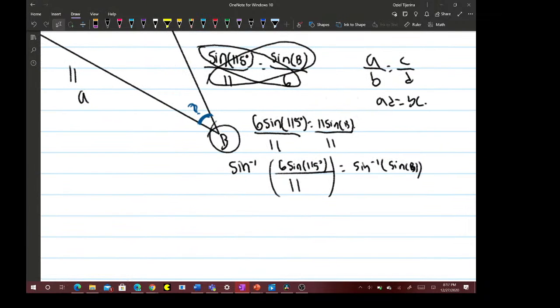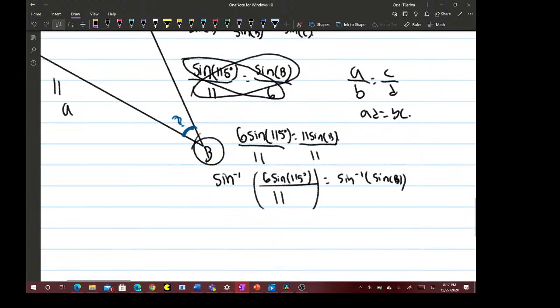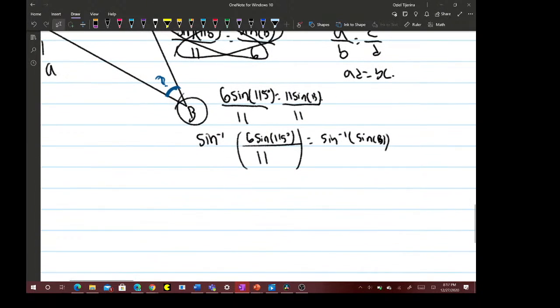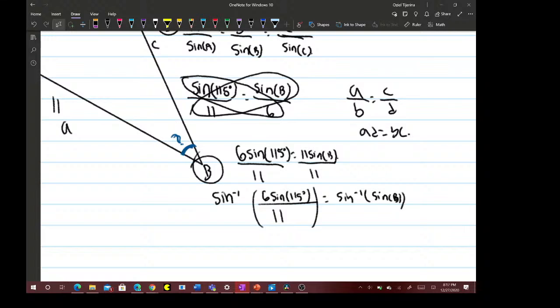Okay, so I'm trying to think what this one would be. 6 sine of 115 equals 11 sine of B. So then 6 sine of 115 over 11 equals sine of B, sine inverse of 6 sine of 115 over 11.